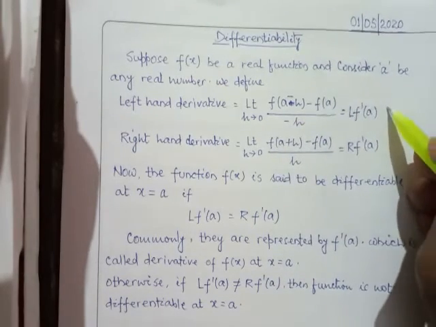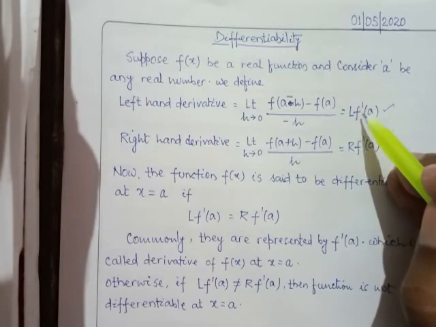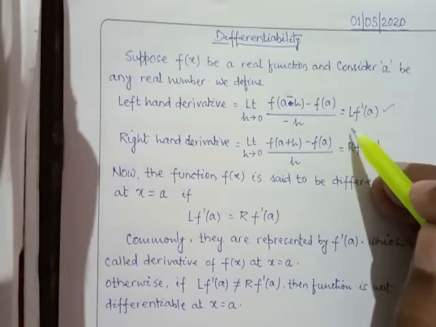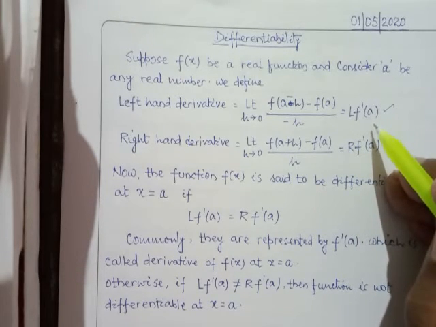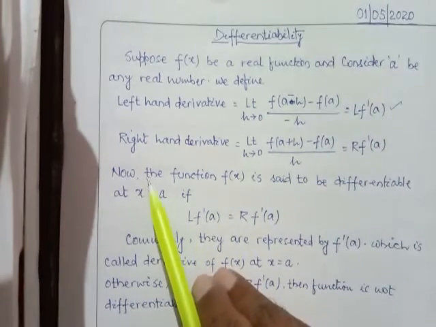This is also written as L f dash a. Dash stands for differentiation or derivative, which you have already studied in class 11. L stands for left hand, and a is the value where differentiability is to be checked.